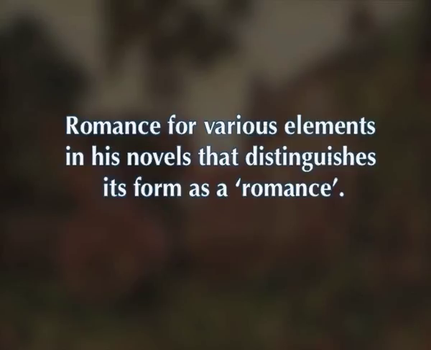We can say that Fielding offers a theory for the kind of fiction he has written, saying that romance is one of the various elements in his novels that distinguishes its form. The romance for Fielding is fantastic, heroic and pastoral stories with magical swords and knights.